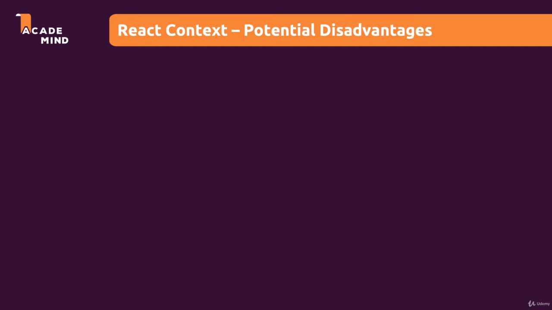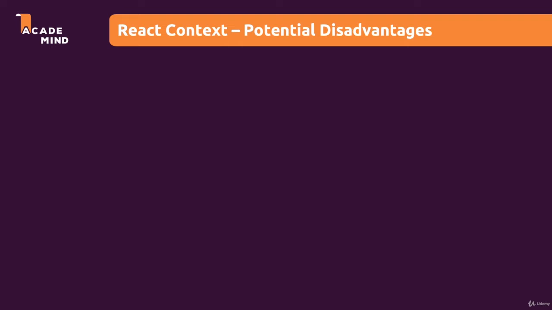So mixing and matching like that would also be possible. But let's not dive into that right now. Let's instead focus on the disadvantages you could be facing with React Context. But what are these disadvantages then?